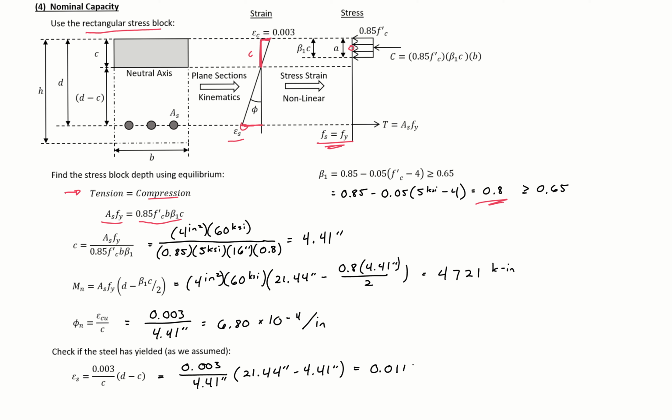So this is greater than our yield strain. And it's also greater than 0.005, which is our tension controlled limit for ACI to ensure that we have a ductile failure. So we know that our assumption is correct. So then we have our curvature and our moment for our nominal point.